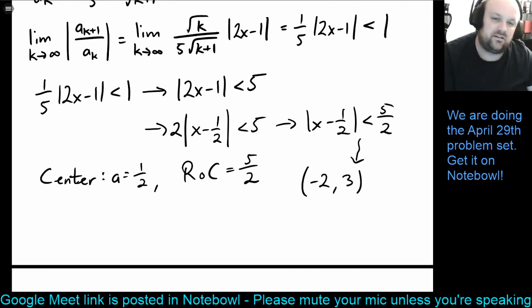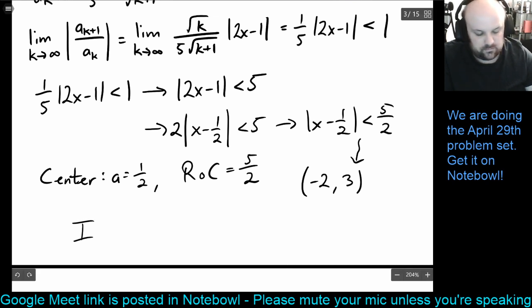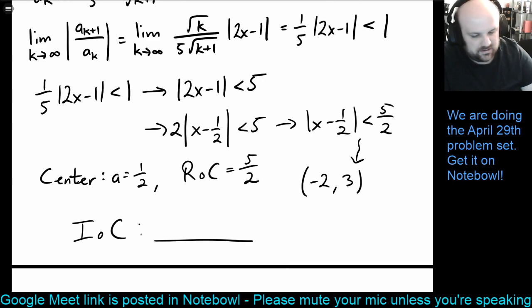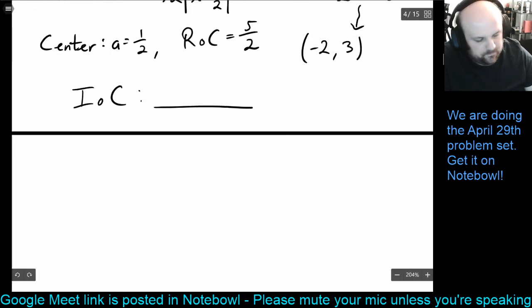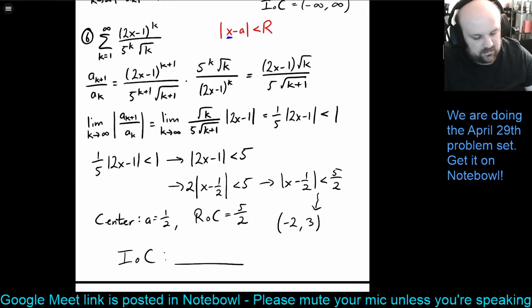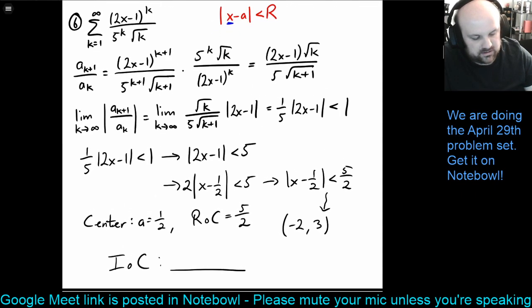I'll leave it to you to check the endpoints here, whether or not it converges there. I want to get on to some of these Taylor series problems. But any questions here at all?